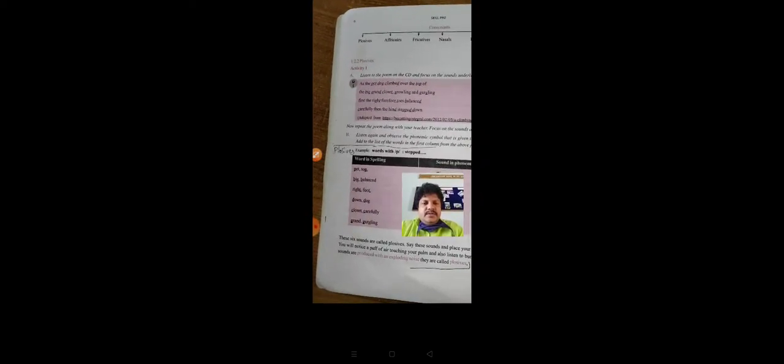First of all, let us see what plosives are. Plosives are the sounds given here. There are 6 sounds called plosives. See these sounds and place your palm in front of your mouth like this, and then utter these sounds: p, b, t, d, k, g.